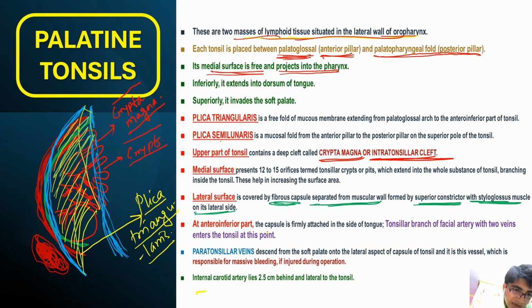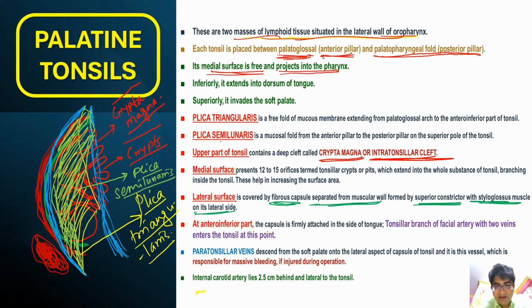So there is another mucosal membrane going from the anterior pillar up to the posterior pillar across the superior pole, and that is known as the plica semilunaris. So you now know about the plica triangularis and plica semilunaris, which prevent the tonsils from falling off into the pharynx.